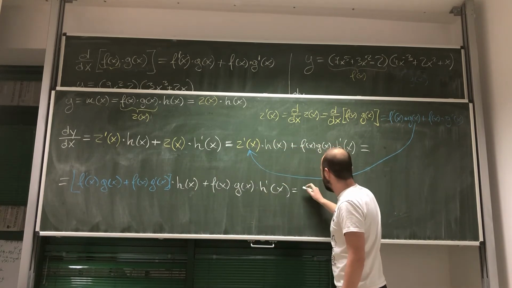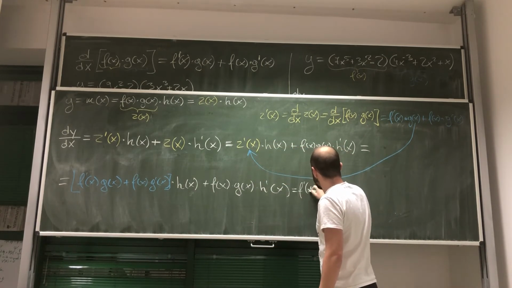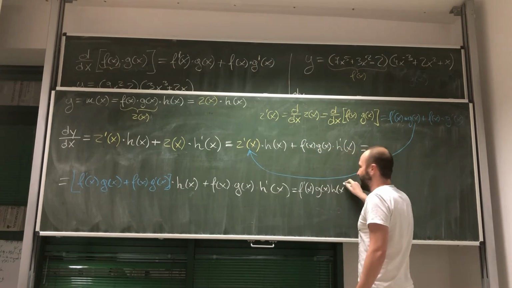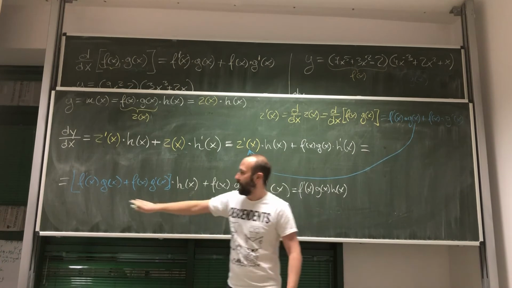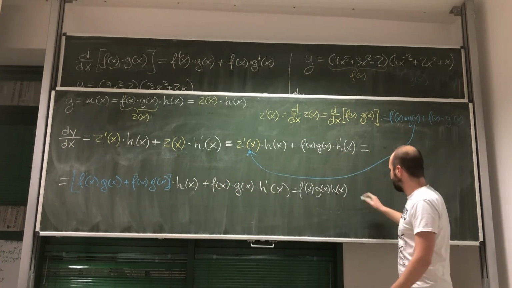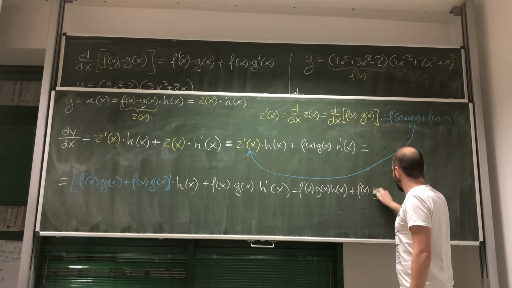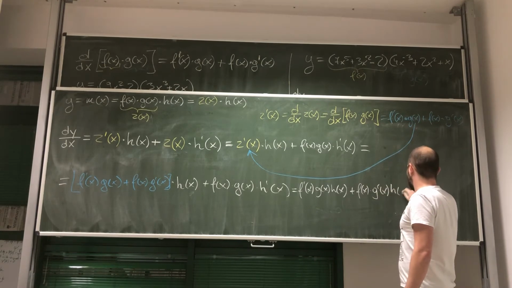And I'm getting that this is f prime of x times g of x times h of x, right? I just multiply each component by h of x. Then I get that this is f of x times g prime of x times h of x.